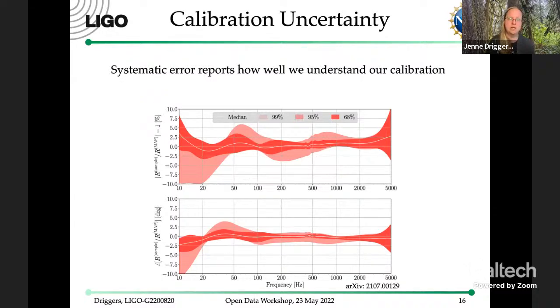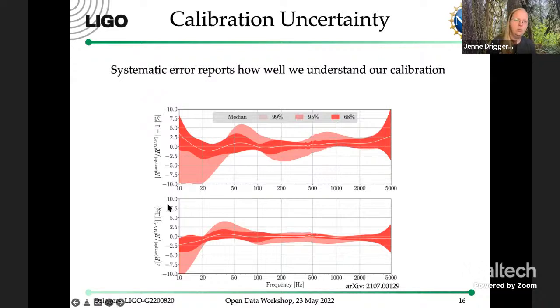We measure it at some time and compare to what we thought we had. Within a 68% credible level, for the most part, particularly where the gravitational wave merger happens and some of the ring down, we are much better than 2.5% error. So we can say that we know our calibration to better than 2.5%.